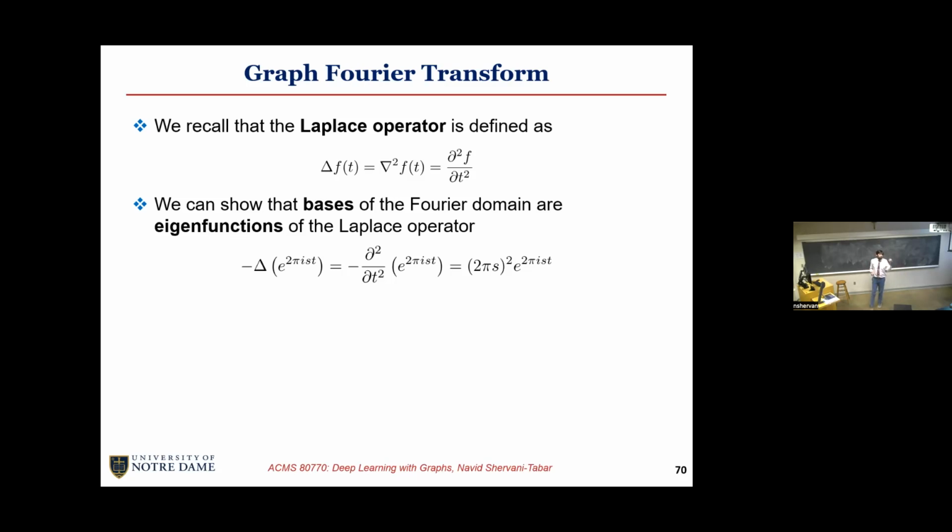So what should we do for the graph space now? I'm asking you guys. How to redefine Fourier bases in the graph space?